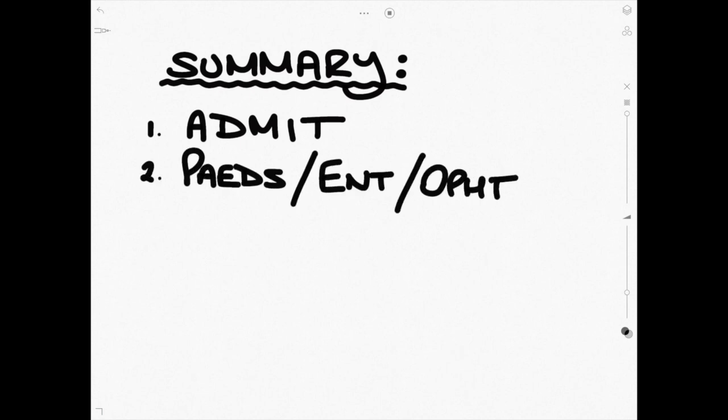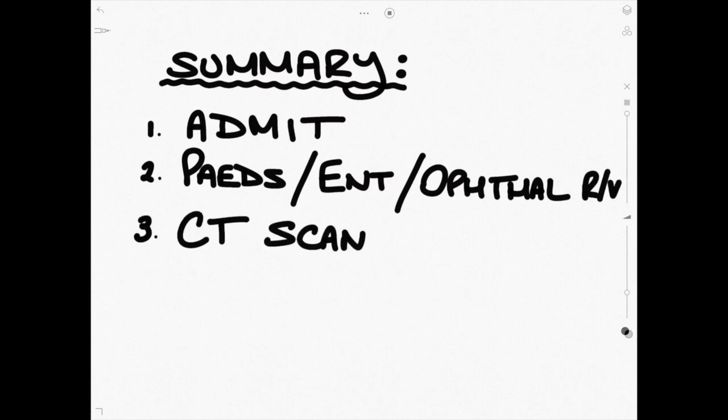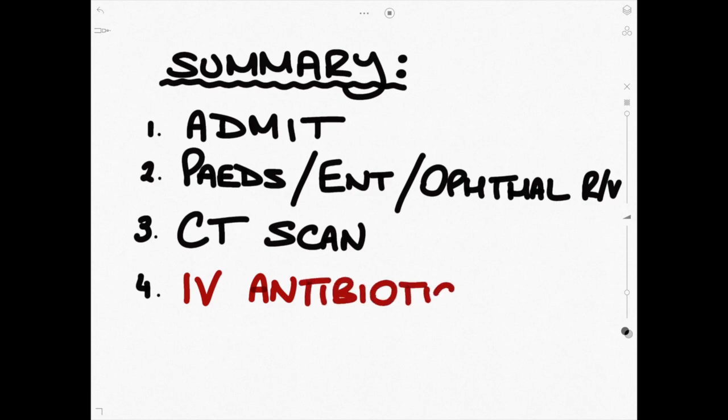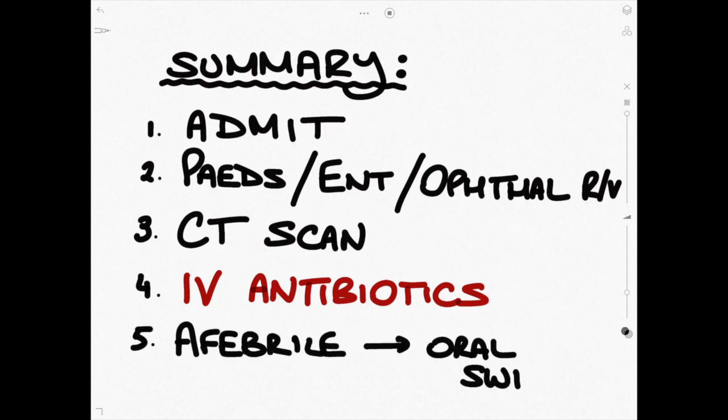Imaging is always indicated, including a CT scan, to ensure that no tracking of infection has occurred into the CNS, and IV antibiotics need to be started immediately and empirically once a diagnosis of orbital cellulitis is suspected. If they've been afebrile for the last 24 hours or clinically stable, one can consider an oral switch.